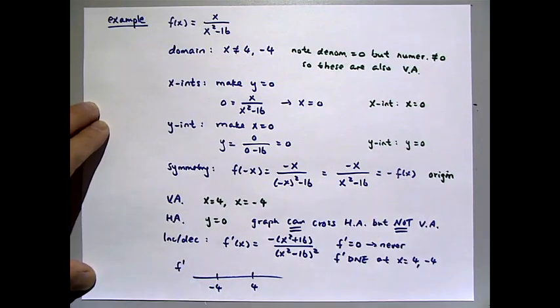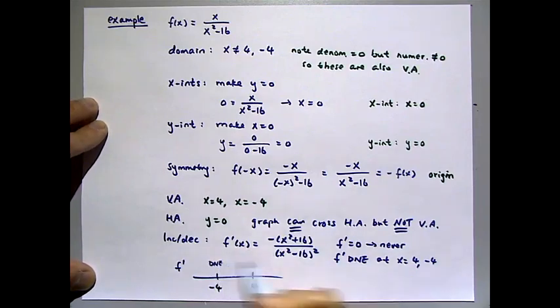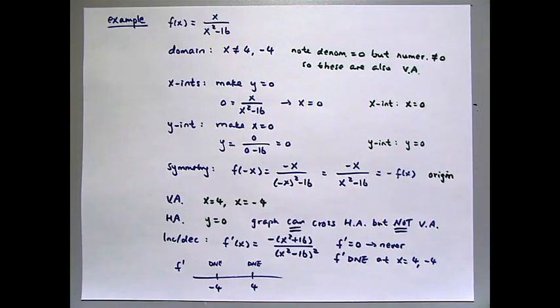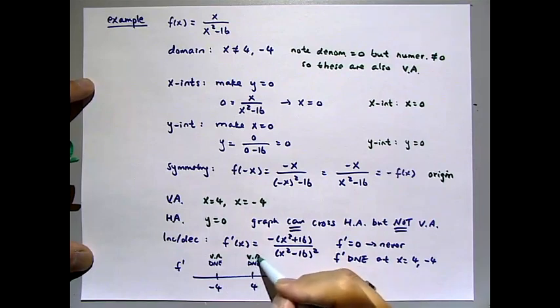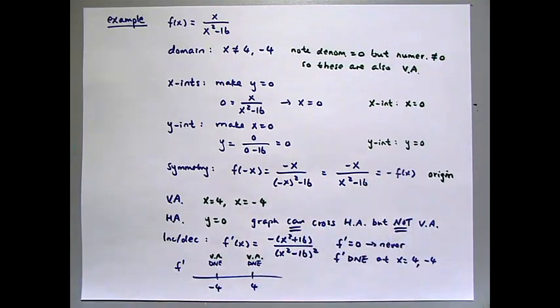Okay, make our chart here. F prime does not exist here, and let me write does not exist. Remember, these are also locations of the asymptotes. Let me write them down. It's always negative, yeah. Right. So? Yeah, we'll find out what that tells us in a little bit.